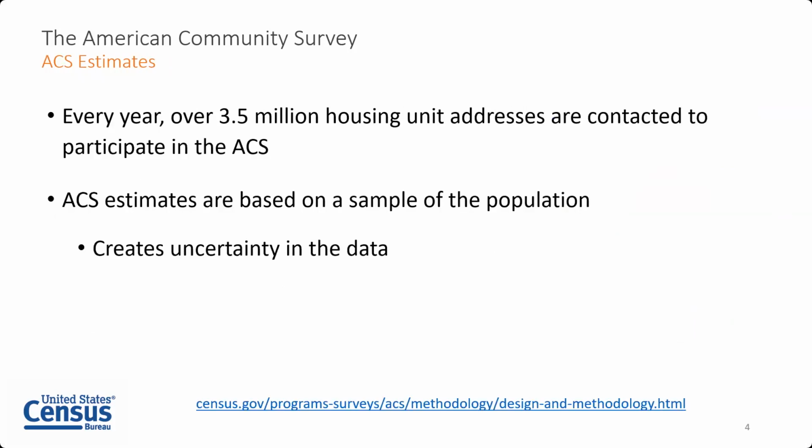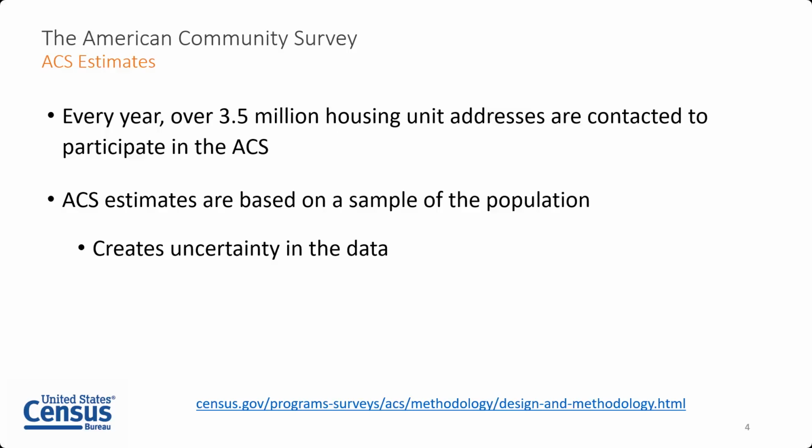You all are likely aware of the decennial census that occurs every 10 years, where everyone is asked to respond. And the data shows the official count of all persons and households in the United States. Now, as mentioned, each year, the U.S. Census Bureau contacts over 3.5 million housing unit addresses to participate in the ACS. Since this number is only a sample of the entire population, the information obtained from this sample is then used to estimate characteristics about the total population in a timely and cost-effective manner.